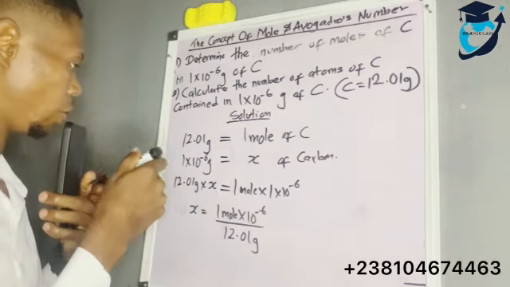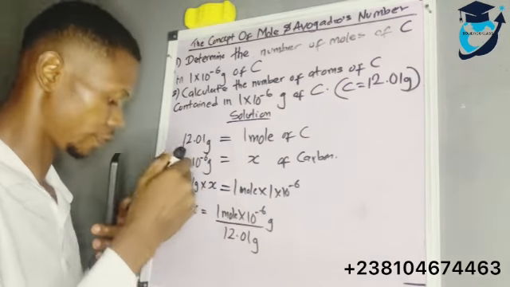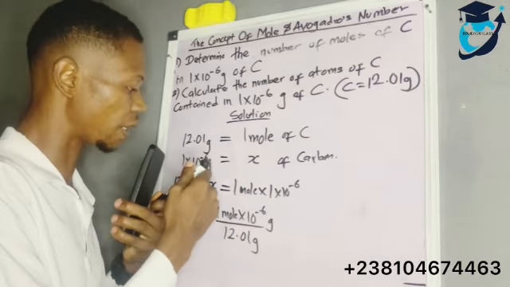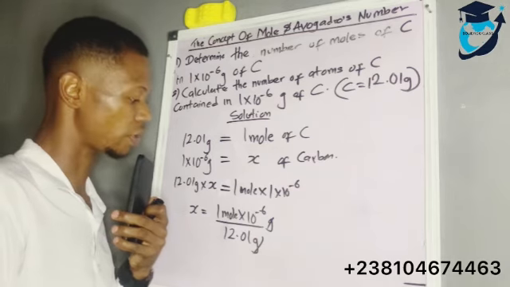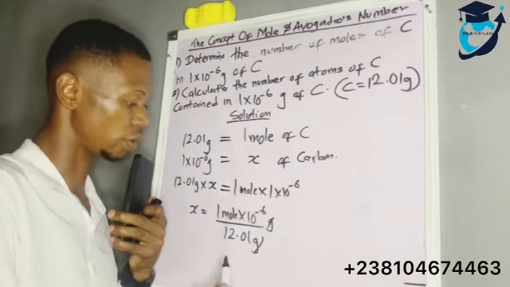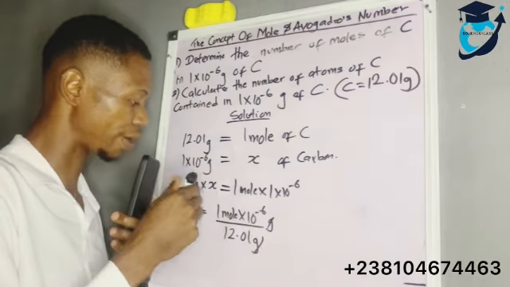This is gram. Alright, so you see that gram can now cancel out gram. You understand? Gram can now cancel out gram. So we have mole here. So what we have now is 1 times 10 raised to minus 6 divided by 12.01.